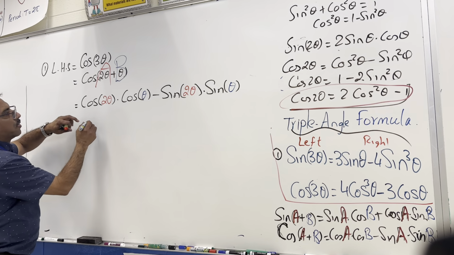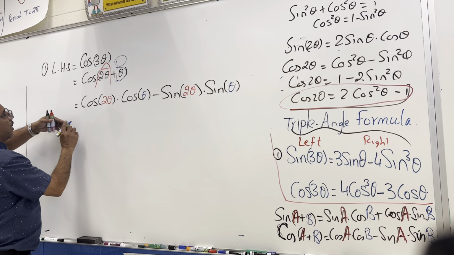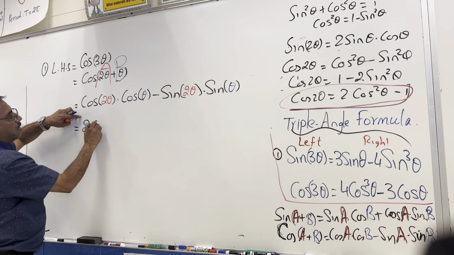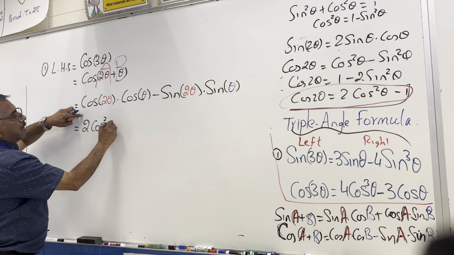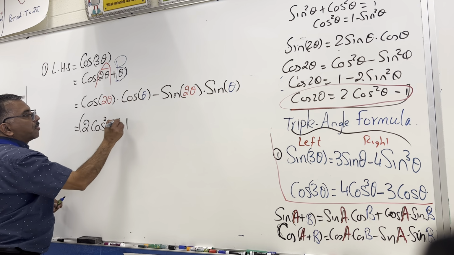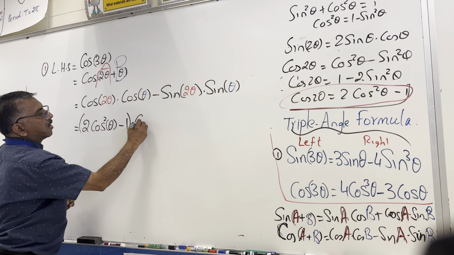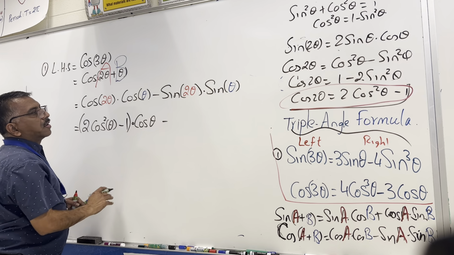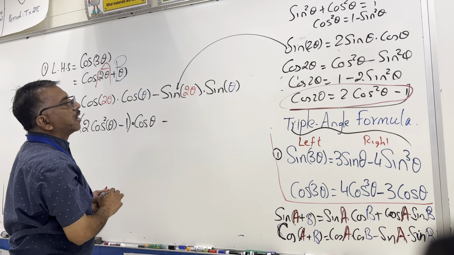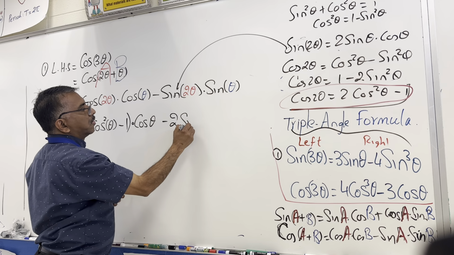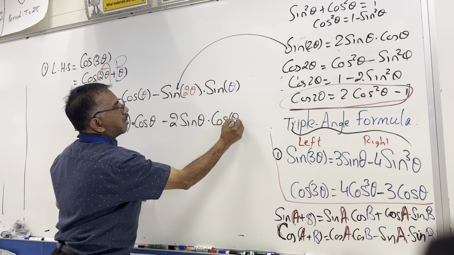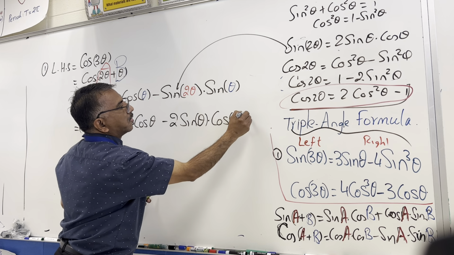So I'm going to replace cosine 2 theta by 2 cosine square theta minus 1. But then you need to put a parenthesis because there's a cosine right here. Minus, now this sine 2 theta, we use the double angle formula. Sine 2 theta is 2 sine theta cosine theta, and this sine theta.